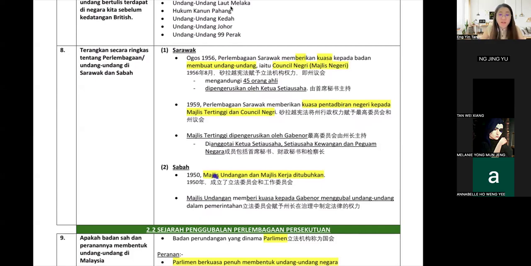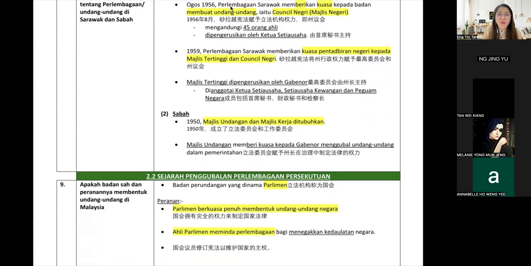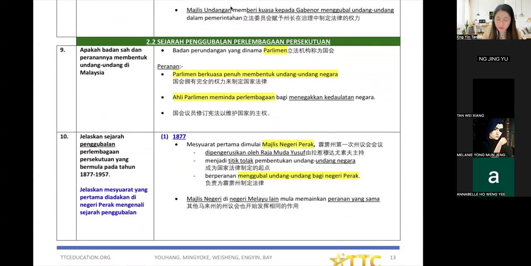Then Sabah, they use the word Majlis Undang. Just like our Parliament and DUN. We call it DUN at our states. But for them, they call it Council Negeri. For Sabah here, a bit pattern sikit, Majlis Undang. They changed it. Okay, so read it on your own. Very easy one.